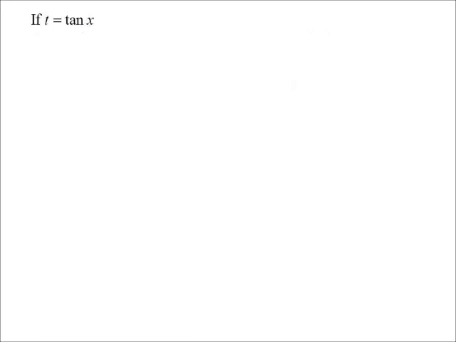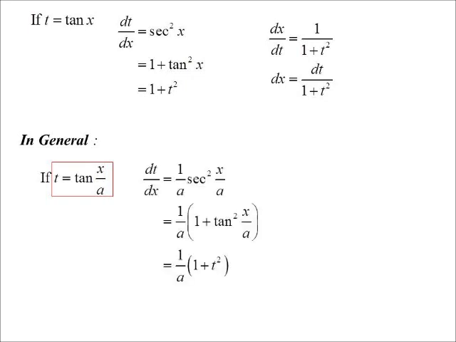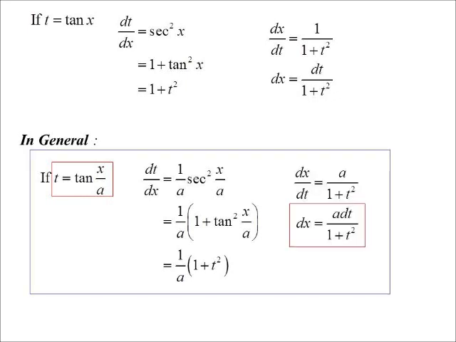You don't have to do tan x on 2. I mean, if you want t to equal tan x, then what happens is the dt dx, you end up getting the dt on 1 plus t squared. I wouldn't derive it each time, because the pattern is simply, if you're going to use a substitution t equals tan x on a, normally that's going to be x on 2 for your standard one, then there's the derivation of it, but dx would just end up being a dt on 1 plus t squared.